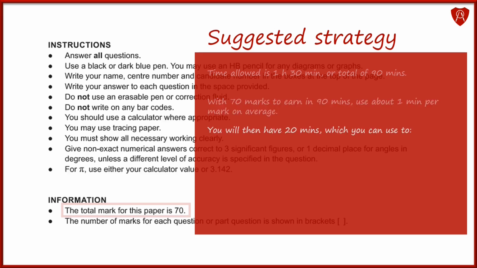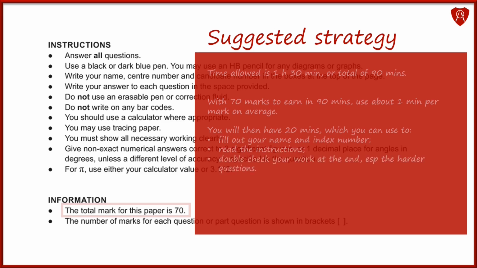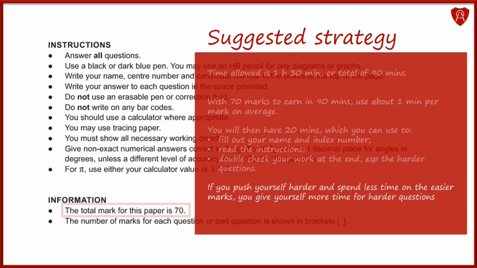You will then have 20 minutes to spare, which you can use to fill out your name and index number, read the instructions, double check your work at the end, especially the harder questions. If you push yourself harder and spend less time on easier marks, you give yourself more time for harder questions.